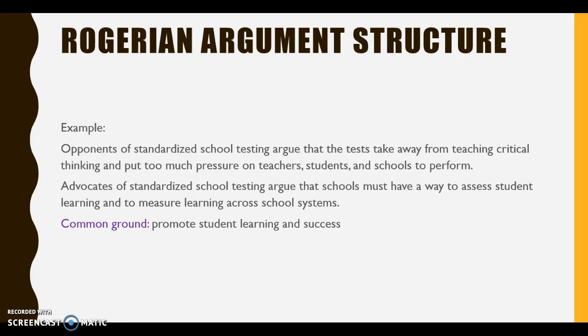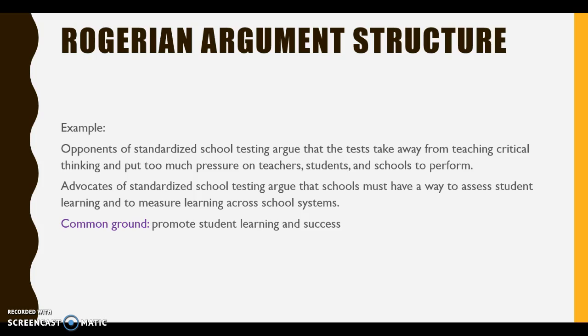So here's a good example. We talk a lot about standardized school testing when we think about educational issues. And if we look at what the two sides of this controversy have in common, we might be able to make a Rogerian argument that moves forward to promote that common ground.